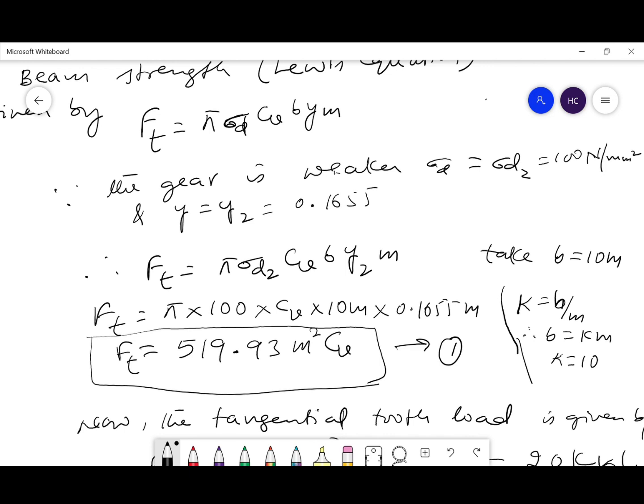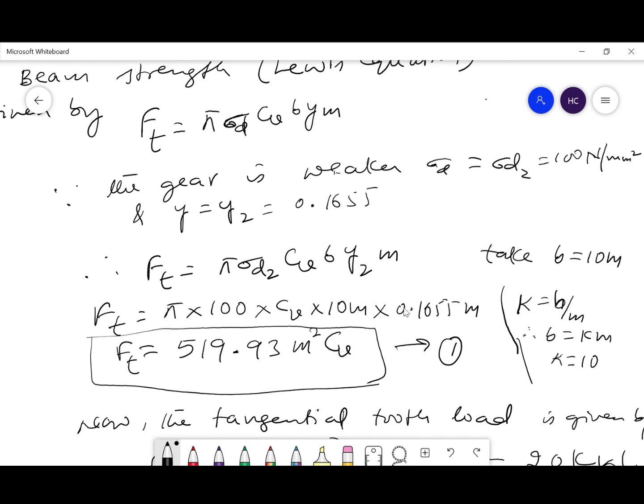Therefore, b is equal to k into m. So k varies from 9.5 to 12.5. So we have taken 10, that is within the range. So that's why b is equal to 10 times module we have used here.